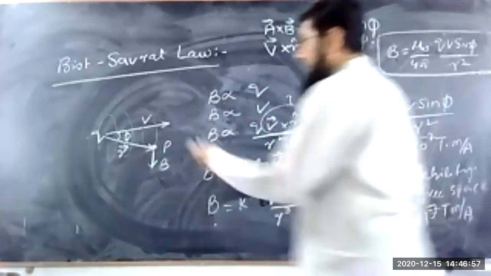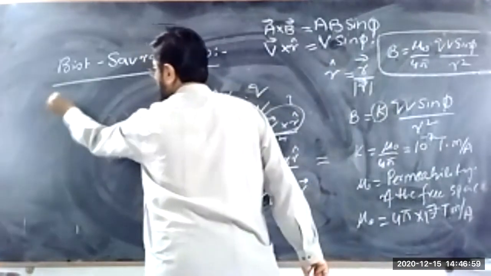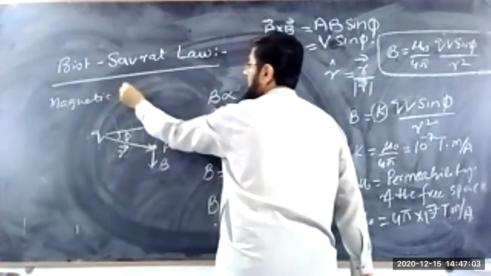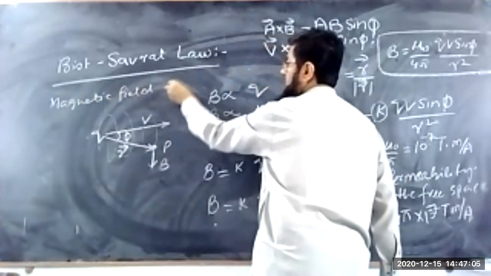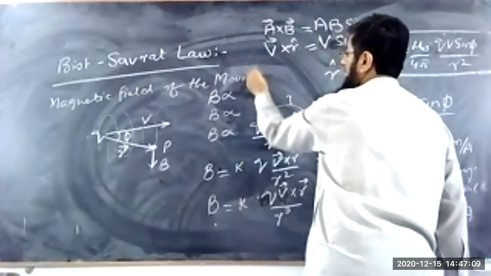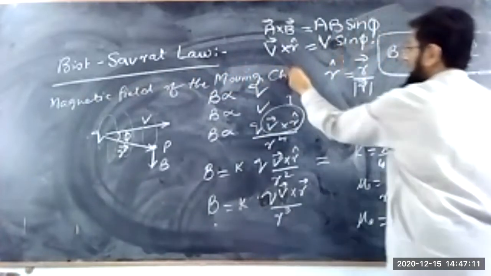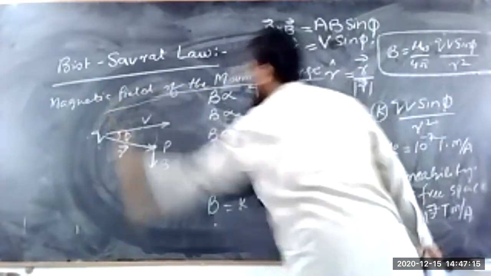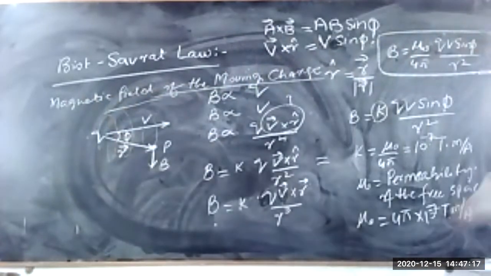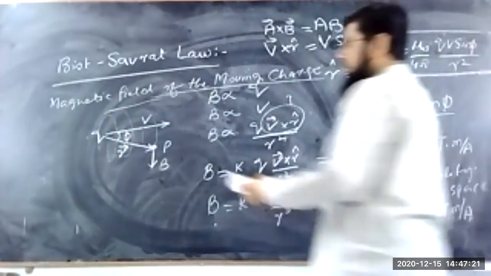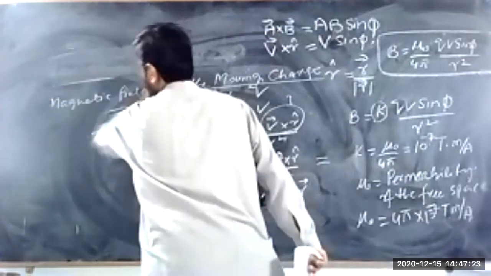What we have seen is the topic of the magnetic field of the moving charge. Now we have to see the magnetic field produced by the current carrying wire.